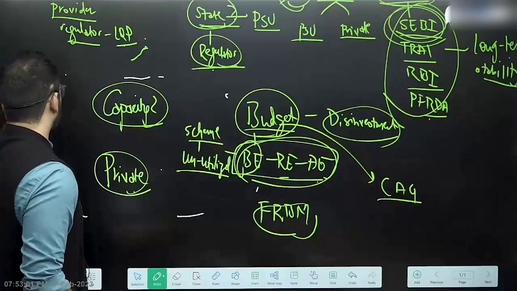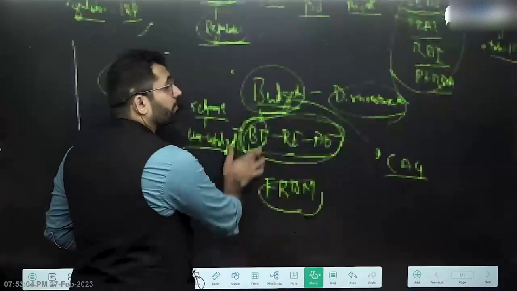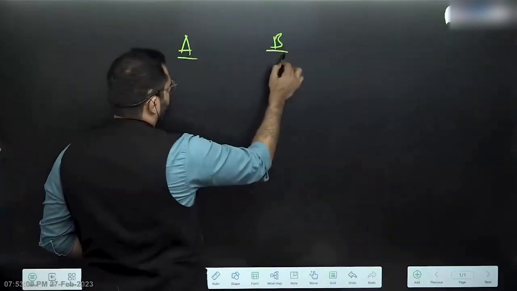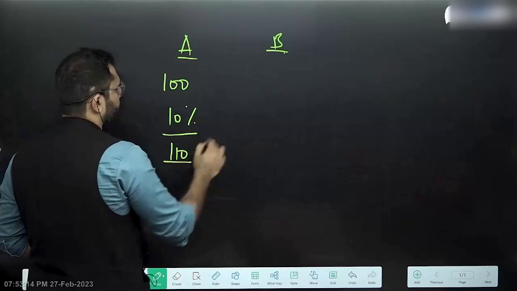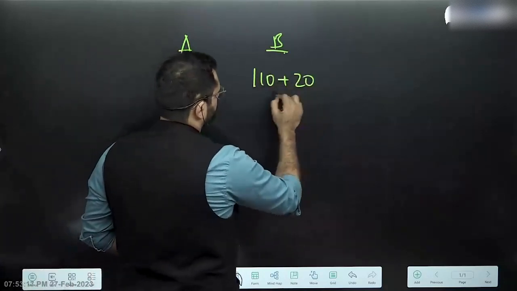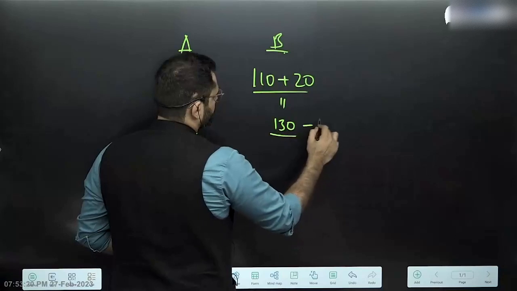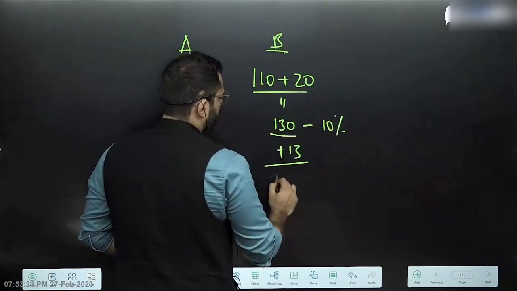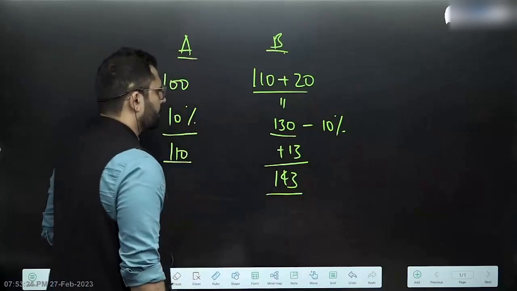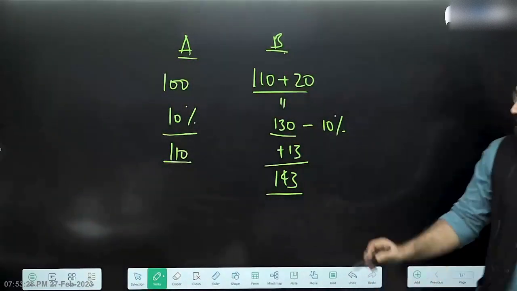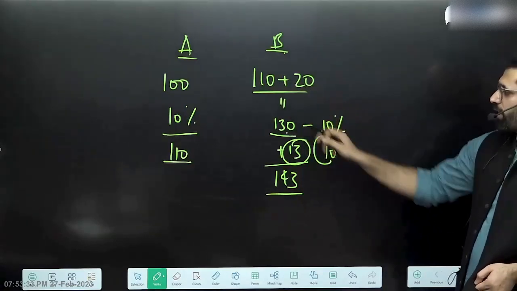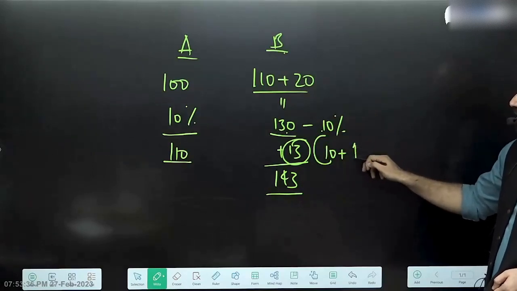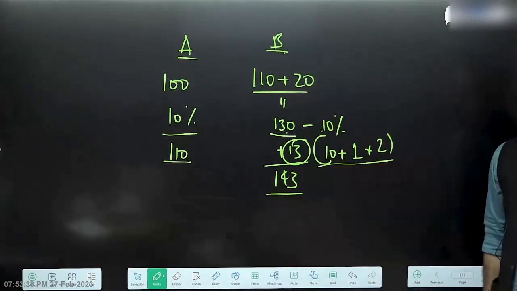What's the idea of this value added tax? This is what happens. Tax on tax. Where is the 13 rupees tax coming from? 10% on 100 is 10, plus on the next 10, 1, and on the value added, 2.